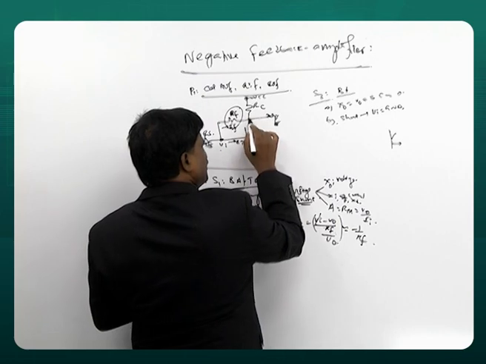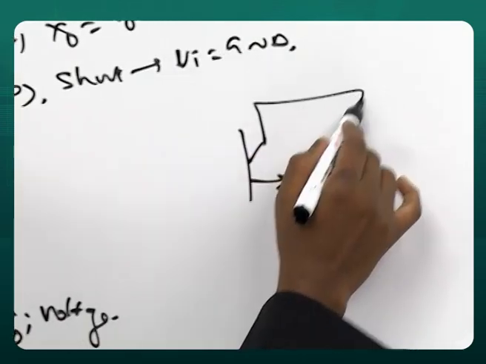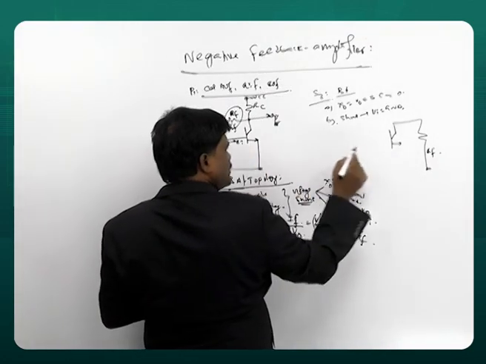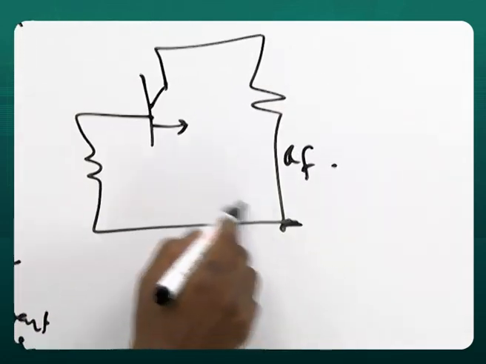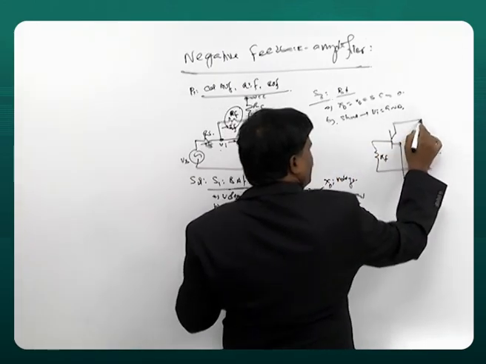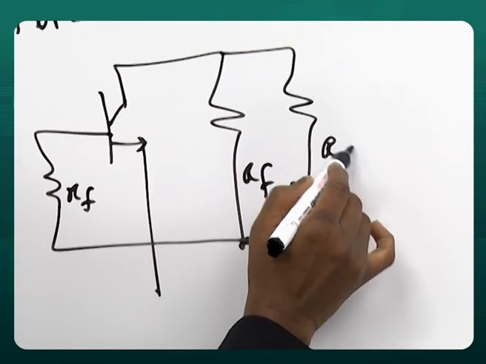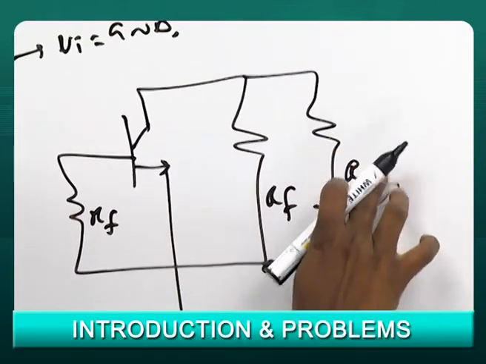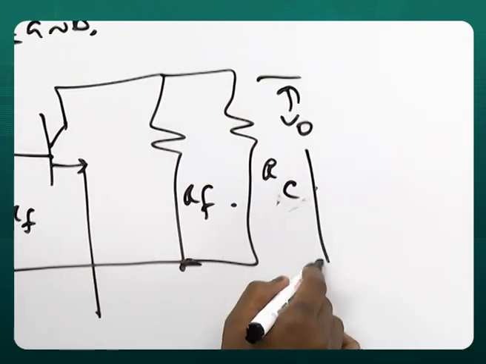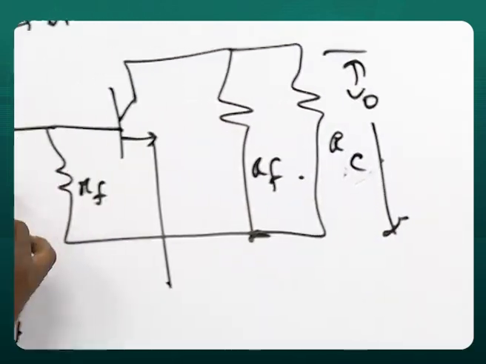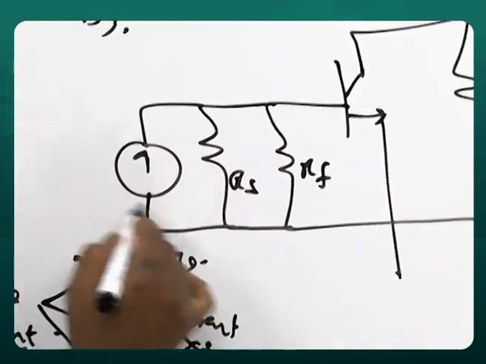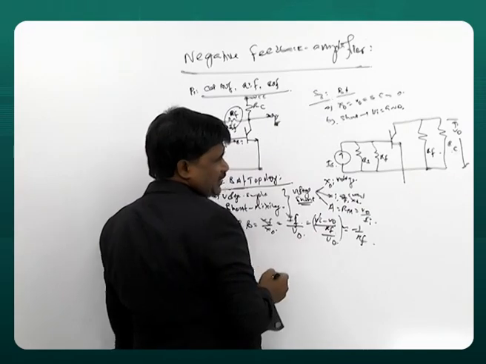Make this 0, and RF appears at the output. This is RF, and the remaining you draw, RL or RC.